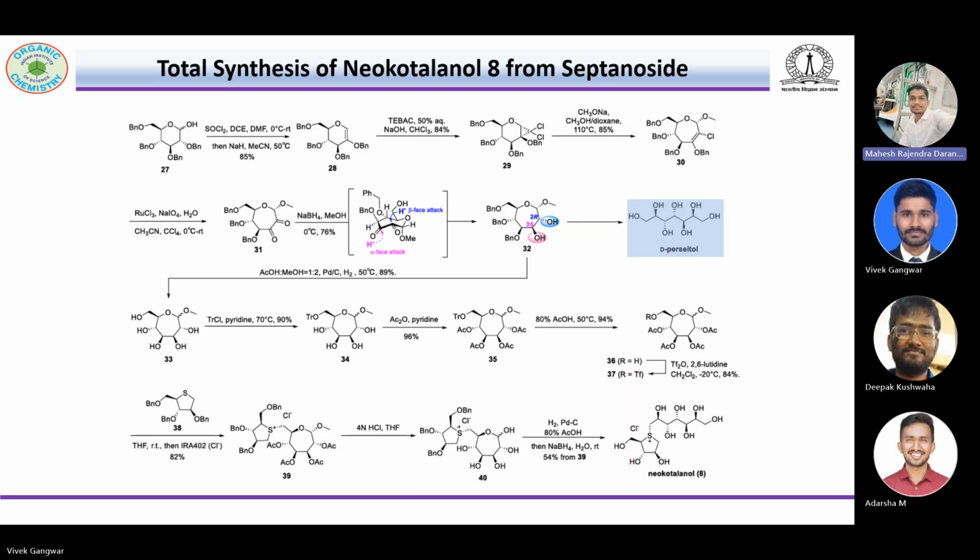So why in that case is this acetyl group not going? Maybe it is not that strong. Generally, we are using one normal HCl, one molar.